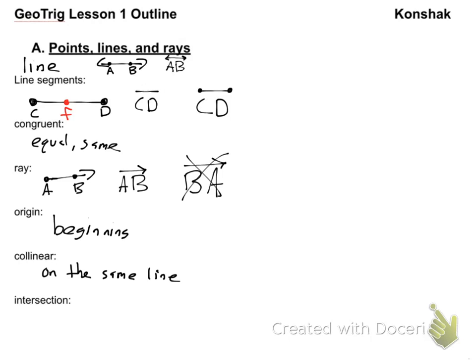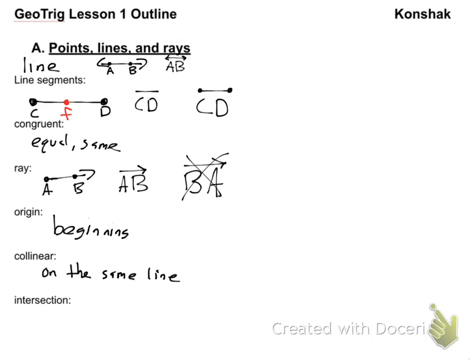I put an F inside line segment CD. C, F, and D here are all collinear. You see that? Okay, that's what it means to be collinear.